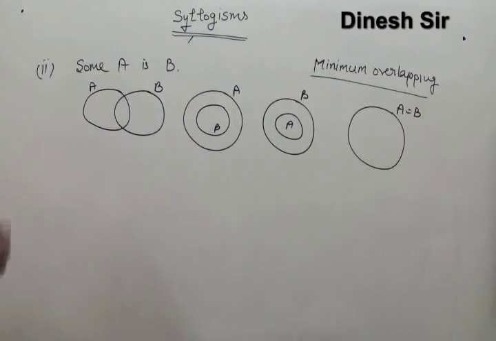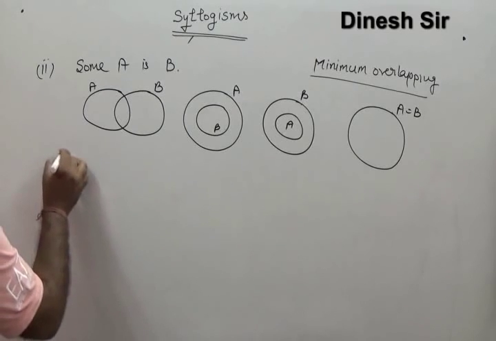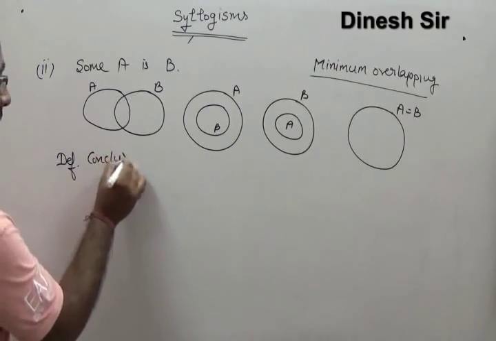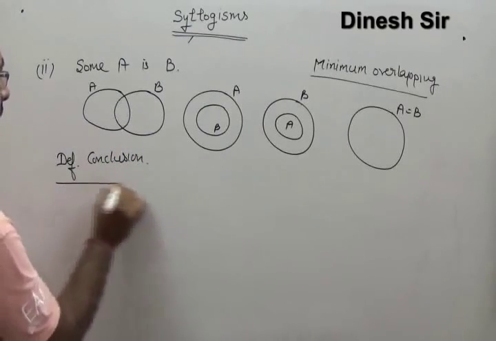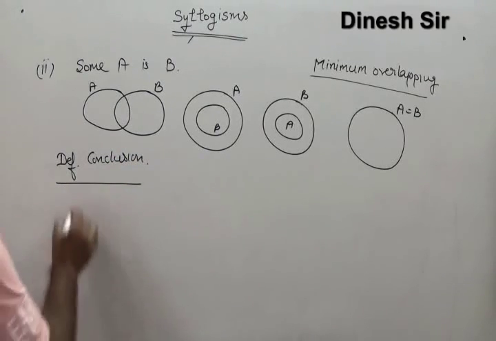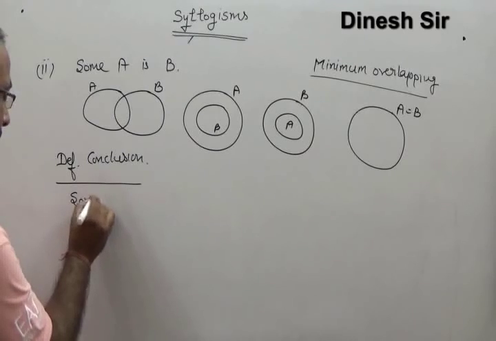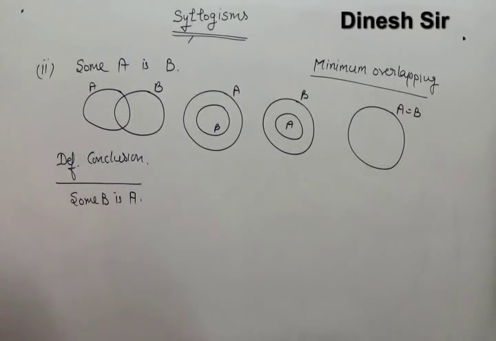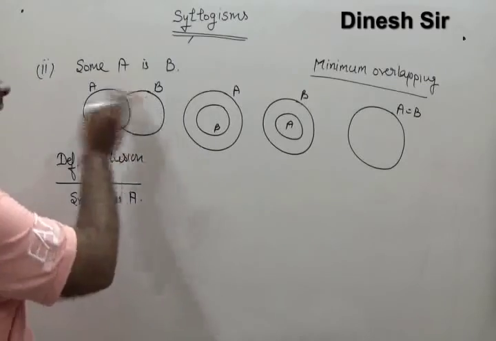Now we try to find out what definite conclusions can be drawn. If I say some A is B, I may also say some B is A. That is the definite conclusion that I can draw. Now can you say some B is not A?